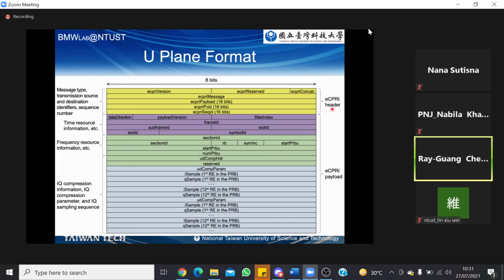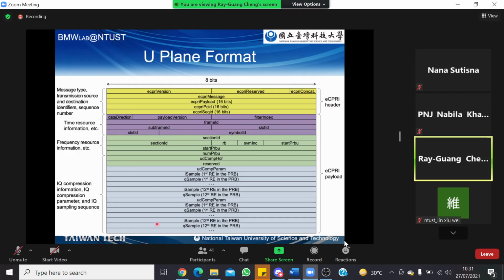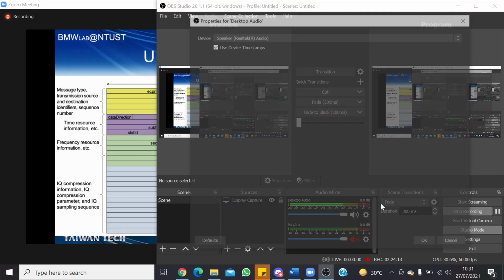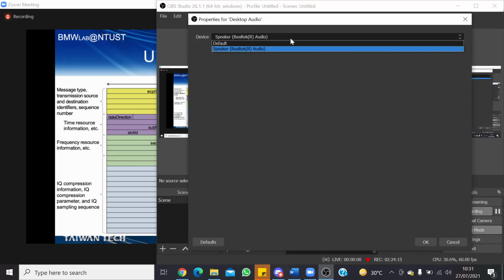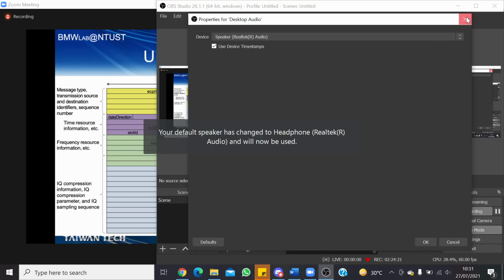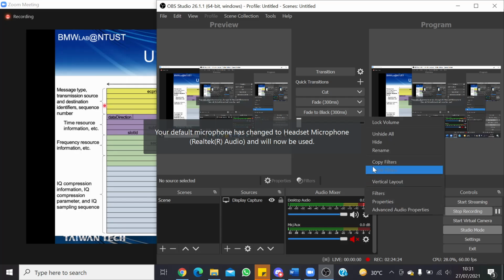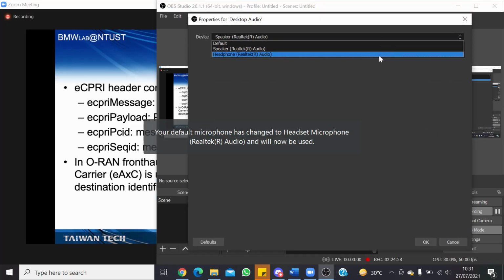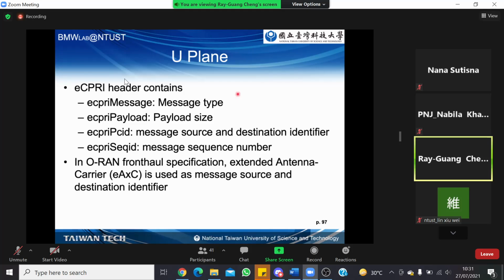Header shows you how the content are organized or processed. Payload carries the real information. Show you first.